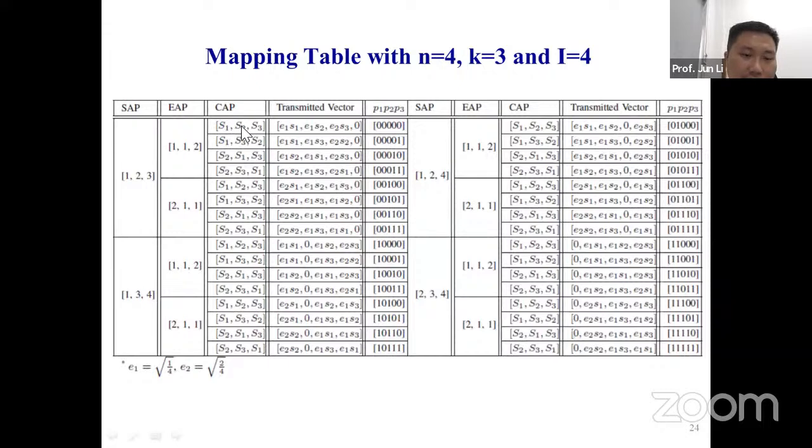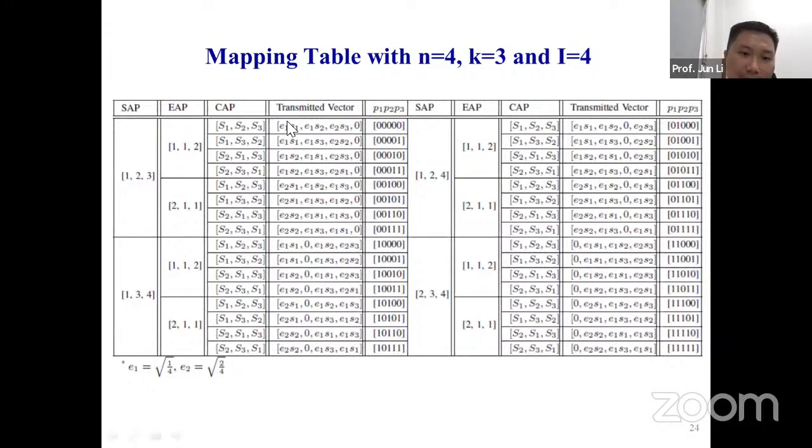For the constellations, S1 is the conventional BPSK constellation, S2 is the rotated BPSK constellation, and S3 is another rotated BPSK constellation.